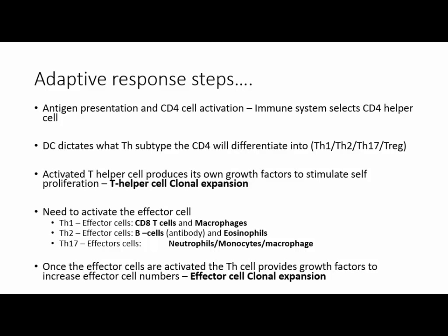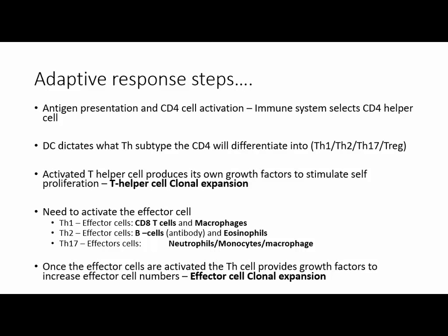Okay? Now, the alternative is, if during this process we present self-antigen, what we need to do is cause this process to end, or to cause this process to differentiate towards Treg cells. Okay? Because Treg cells will switch off any aggressive immune response. Okay?